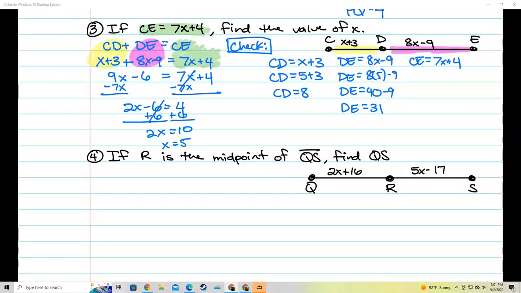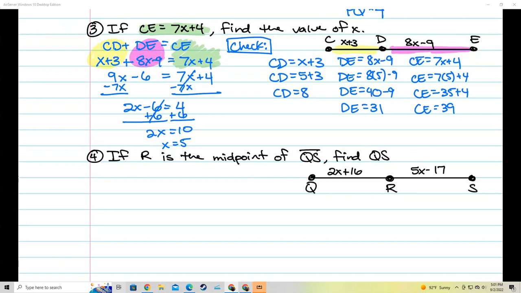And with the 7x plus 4, I know that x is 5. So CE is equal to 7 times 5 plus 4, which means I have 35 plus 4, which means I have 39, which on its own doesn't tell me anything. But together, this will tell me quite a bit.